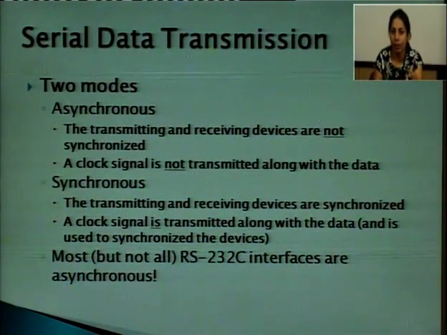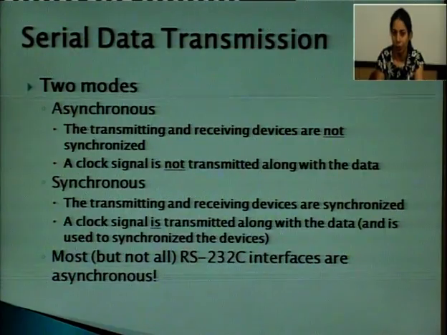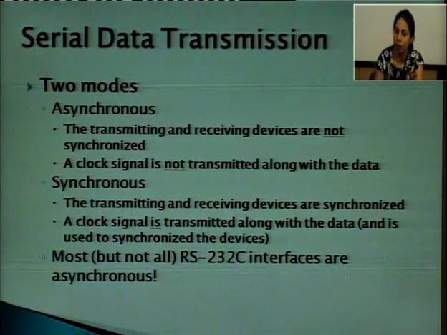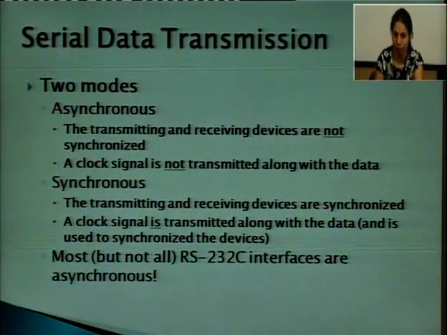Asynchronous means that transmitting and receiving devices are not synchronized, means we do not have the same clock signal at the transmitting end and the receiving end, and a clock signal is not transmitted along with the data. In the asynchronous mode, basically we are using start and stop bits for the purpose of synchronizing.